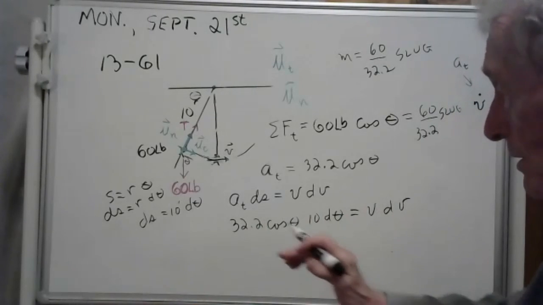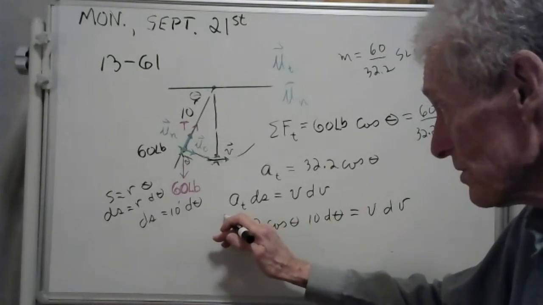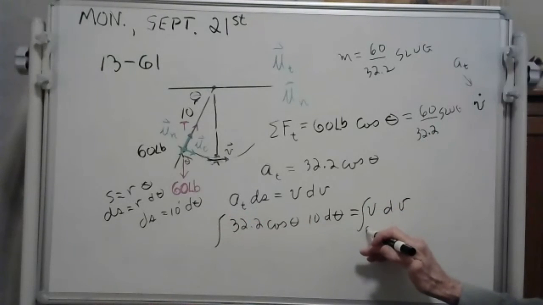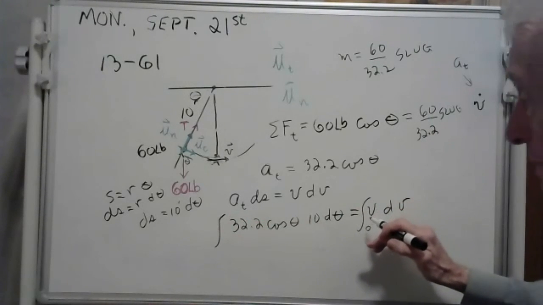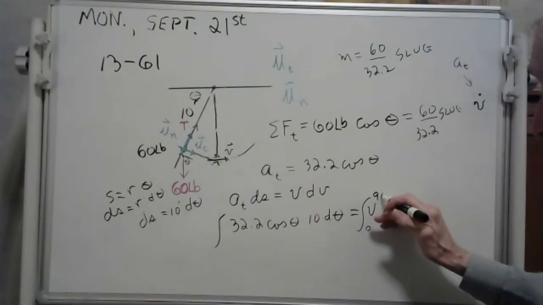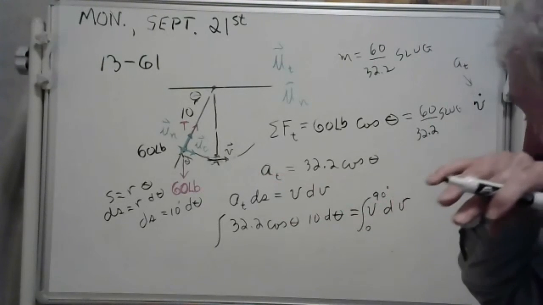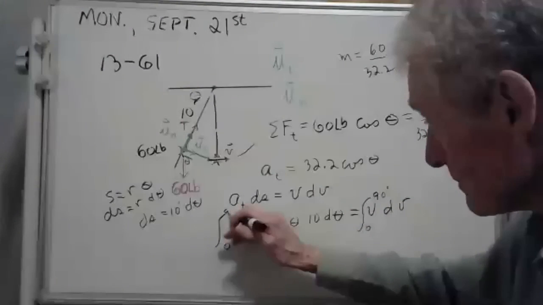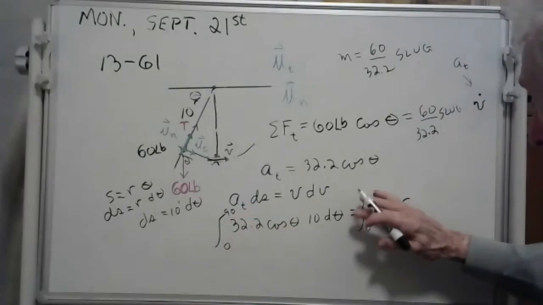Oh gee, let me show you what to do, and then you can finish this problem. You're going to have to integrate both sides. You're going to have to go from 0. If you want to know the velocity when it gets to 90, you plug in the 90 here, and here you just plug in the v.